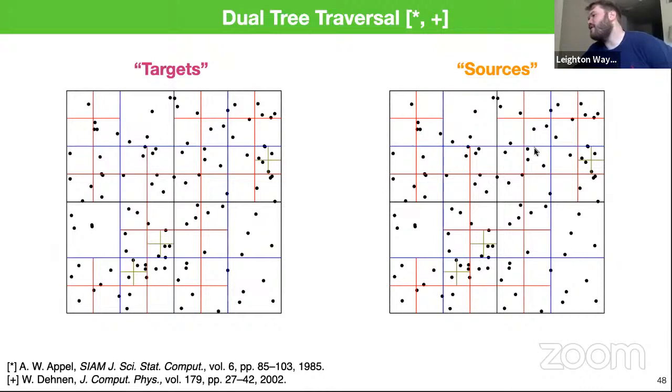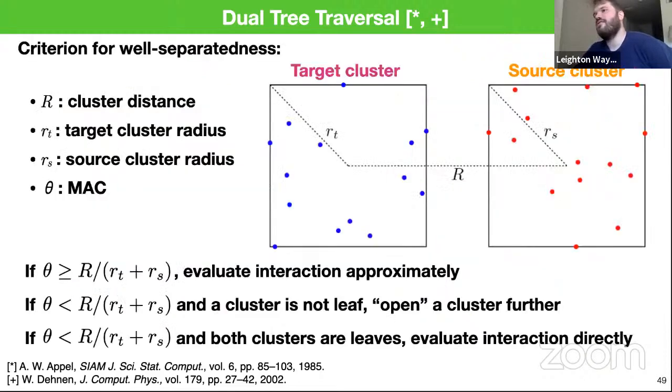So in this case, you can imagine taking this group of particles again. These are the same set of particles, but we can treat them as two trees, right? We already have this tree built on our sources. Well, we also have a tree on our targets. It's the same set of particles in this case.